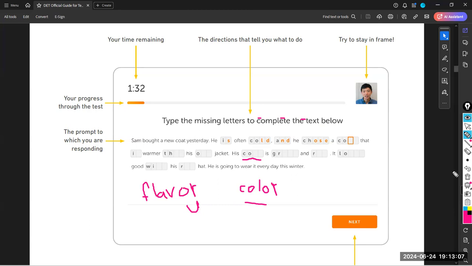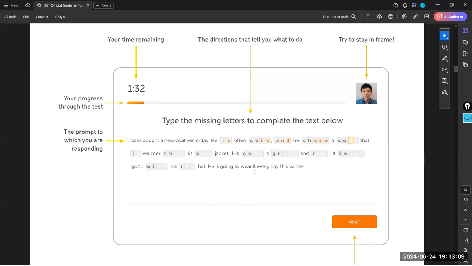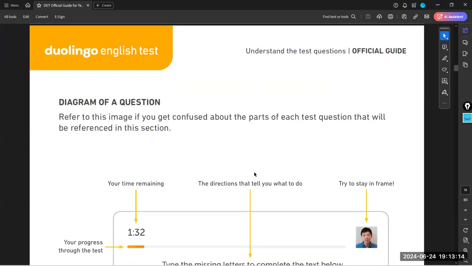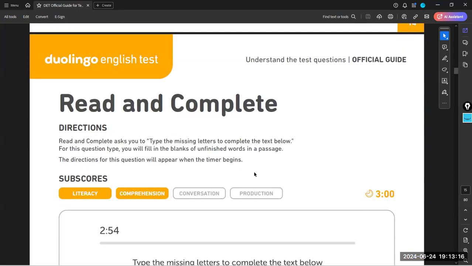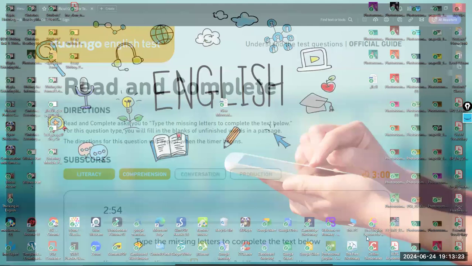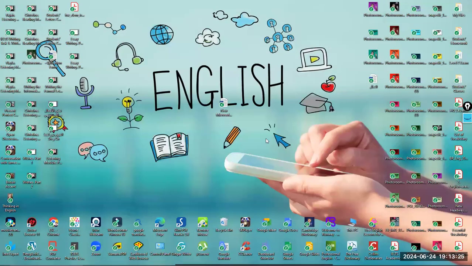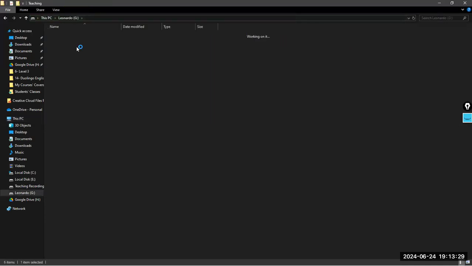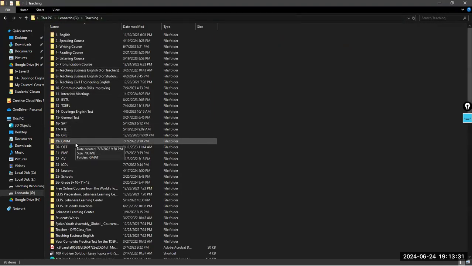Okay. So I think now we have to start talking about this form, which is read and complete. In trying to discuss every form, every task, we have to check the tips and strategies you have to keep in mind just to be able to solve every section or every task or form correctly.